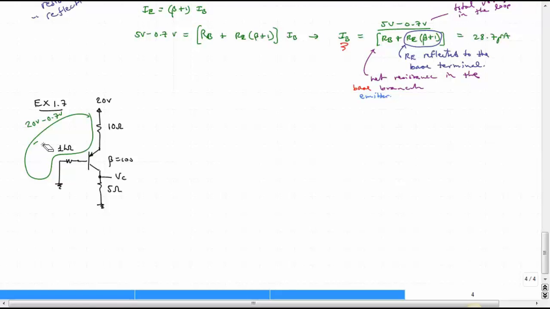I'm interested in the emitter current, so we'll solve for the emitter current. The total voltage is 20 volts minus 0.7 volts, and the total resistance reflected to the emitter branch is going to be the 10 ohms plus 1,000 ohms reflected to the emitter side.